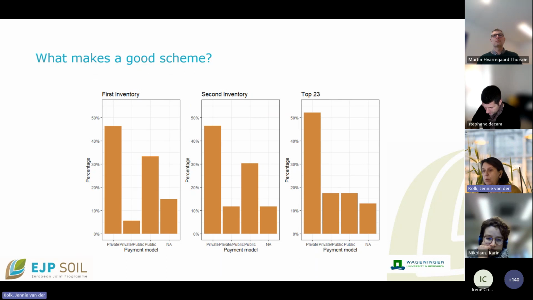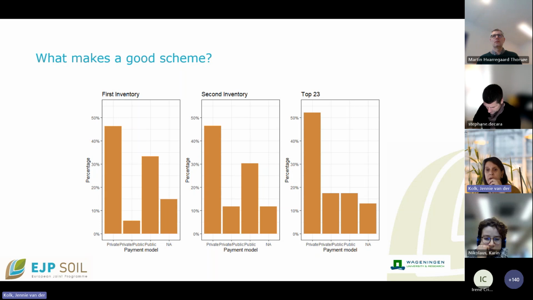Secondly, we wanted to have a look at the private and the public paid schemes. Here, the private paid schemes are the schemes paid on a voluntary market, and also the commodity-based payments, as Martin explained in his first presentation.